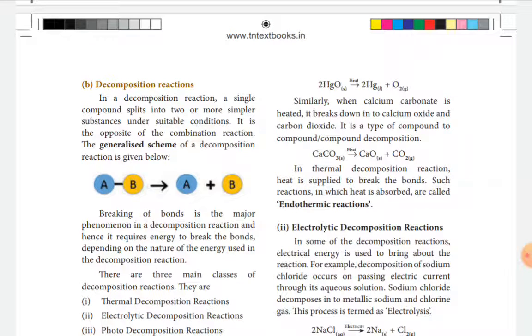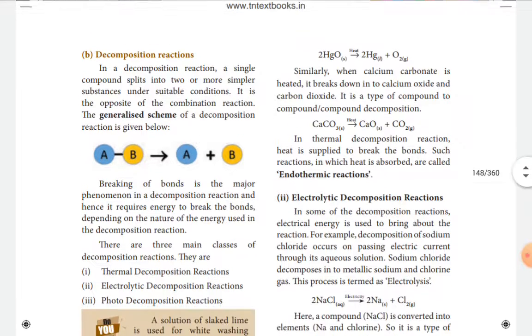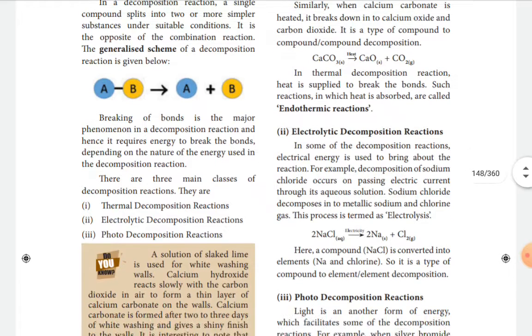Then the decomposition reaction we have learned is completely opposite to the combination reaction. A single compound breaks into simpler products. A single compound splits up into simpler substances. That is called decomposition reaction.